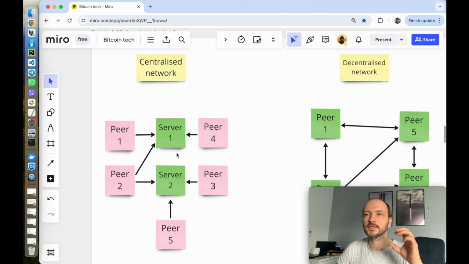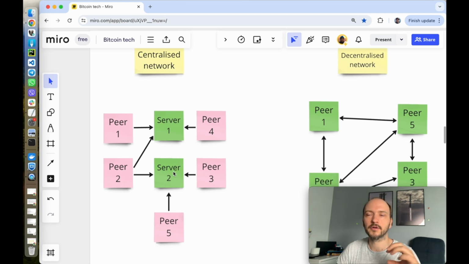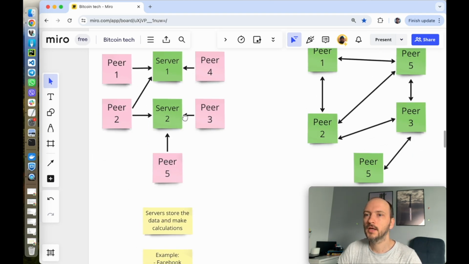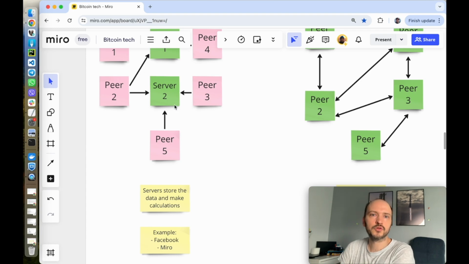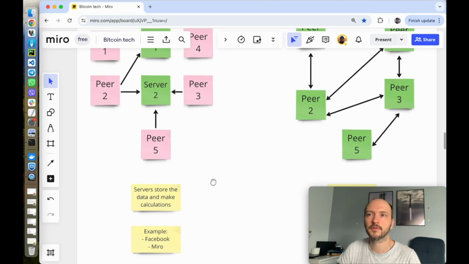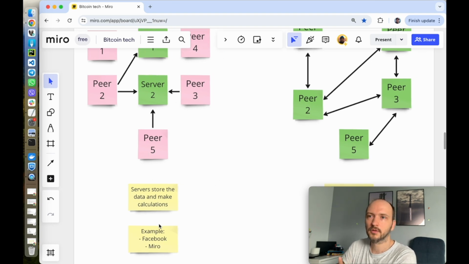Servers serve as central components, and if a server is compromised or shut down, peers cannot work. Servers store data in this case, and they do calculations. Examples of such networks are Facebook or Miro, the service that I'm currently working in.